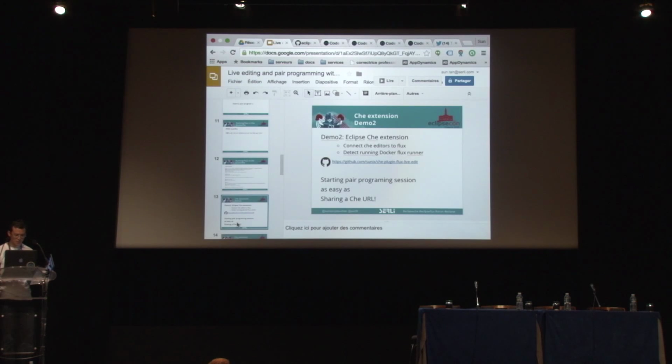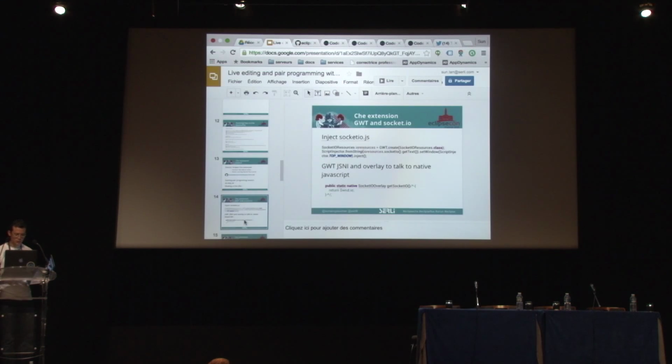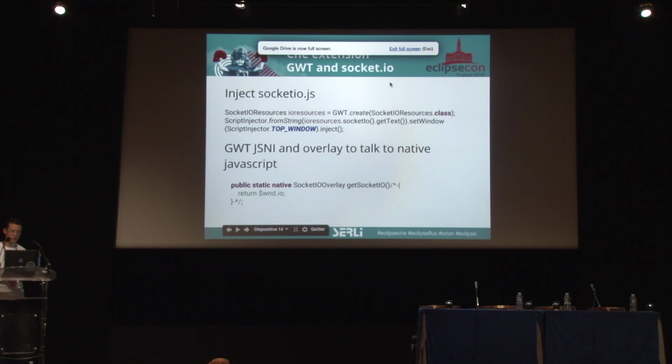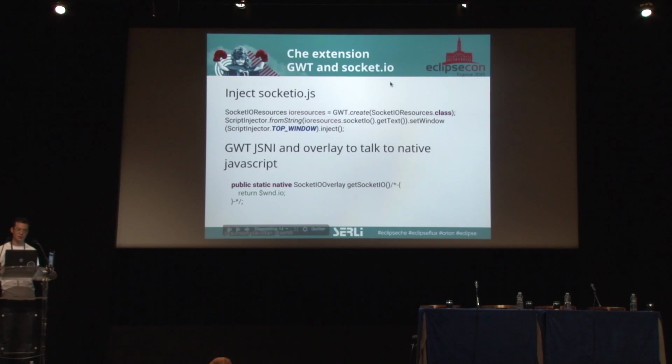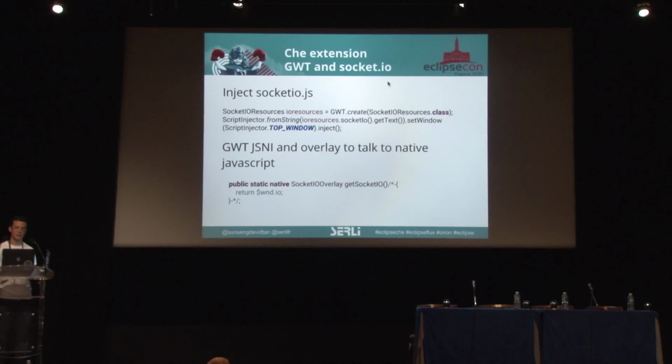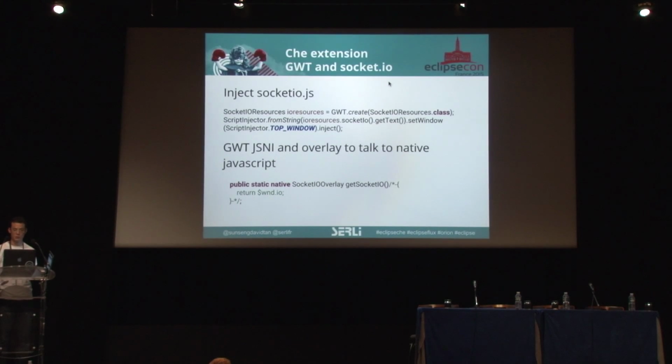Going back. I'm going to show you a bit of Java code. I hope you will not be afraid. To build the Che extension, the first challenge was to connect into the Flux server with WebSockets. Normally with WebSockets, you could use the normal WebSocket objects in JavaScript.